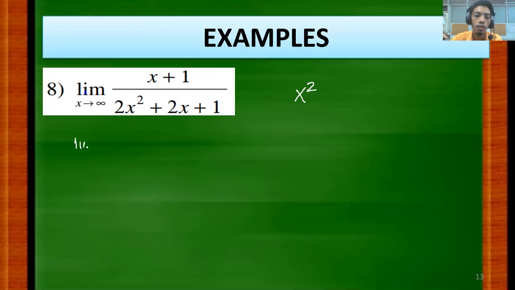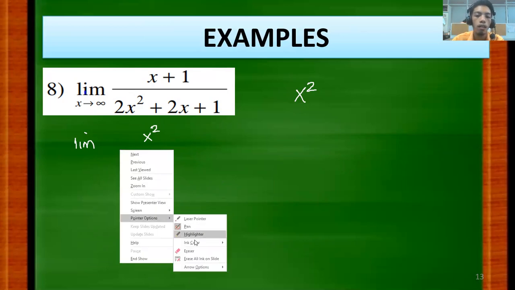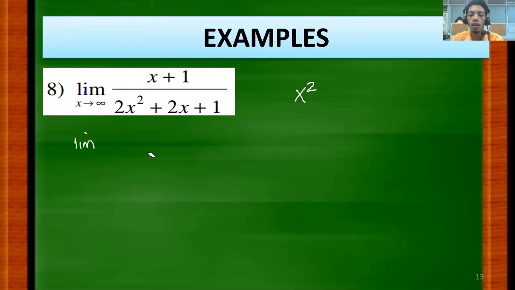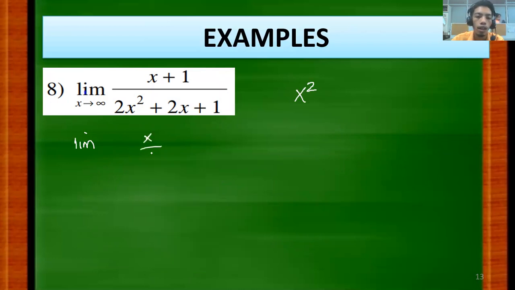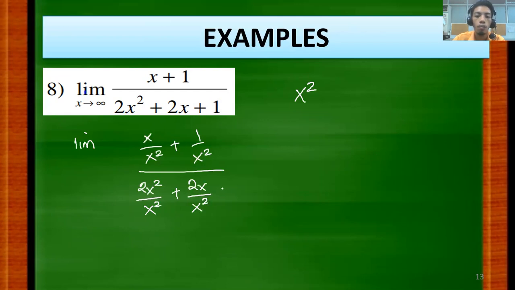So we have the limit of x over x squared plus 1 over x squared all over 2x squared over x squared plus 2x over x squared plus 1 over x squared as x approaches positive infinity.